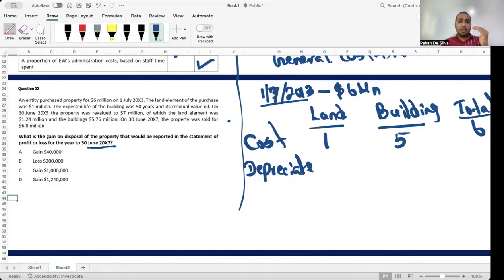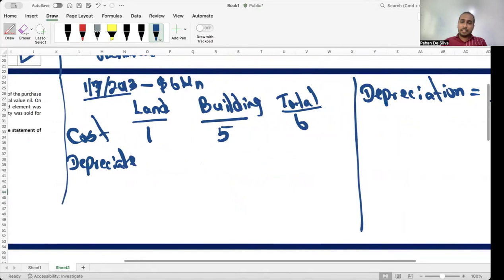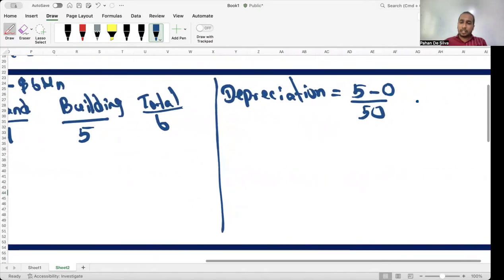That means they have revalued this property after 2 years from the date of acquisition. We acquired the property on 1st July 2013 and revalued it after 2 years, on 30th June 2015. So you have to get the depreciation for a 2 year period.